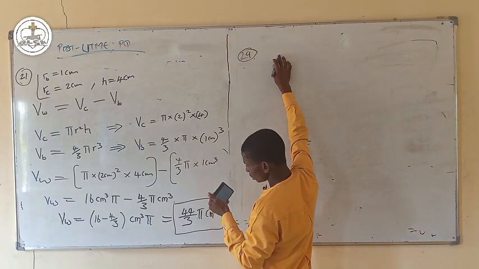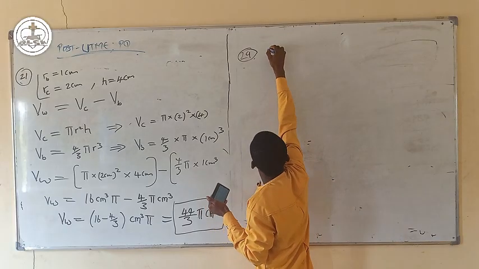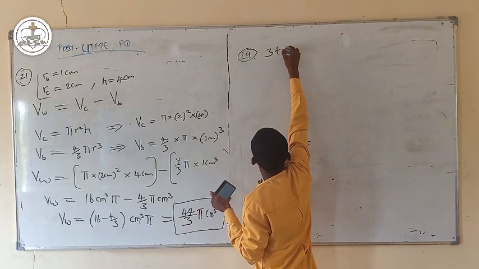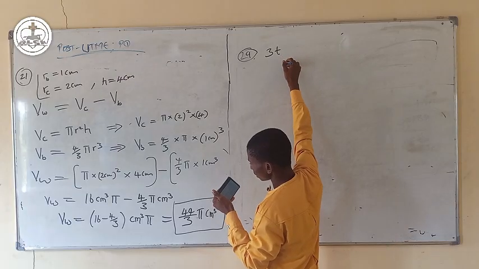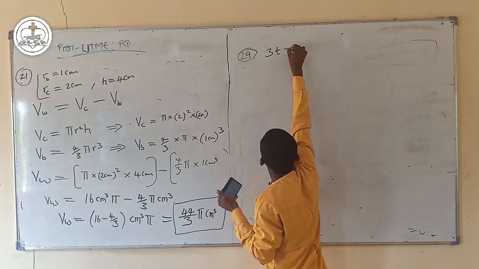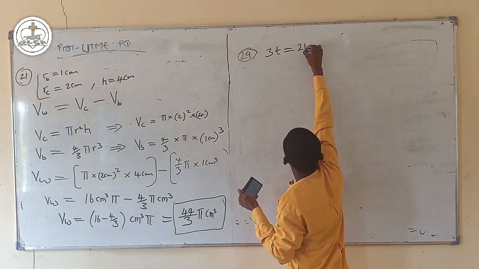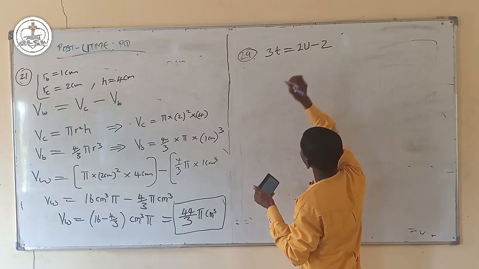Let t be the tens digit. 3 times t is 2 less than twice the unit digit. Let u be the unit digit, so 3t equals 2u minus 2.